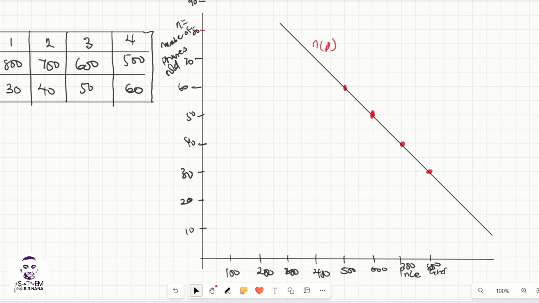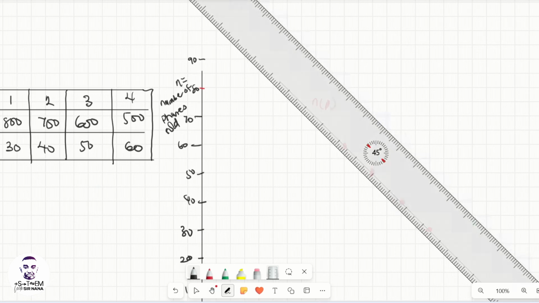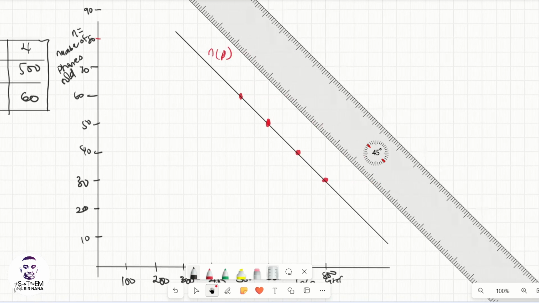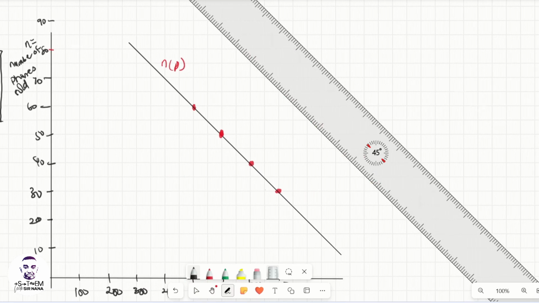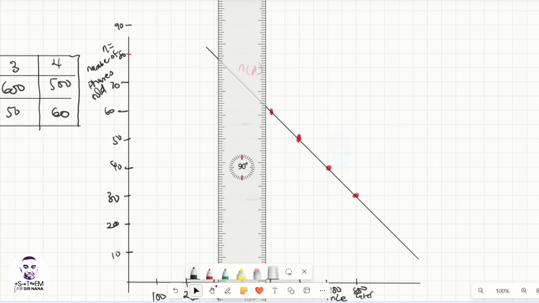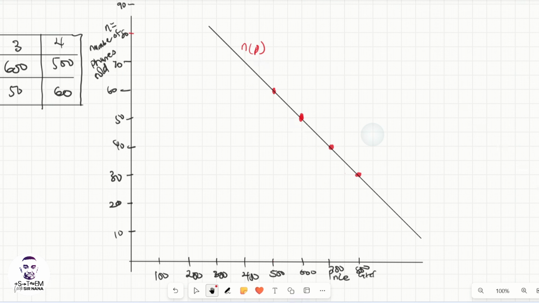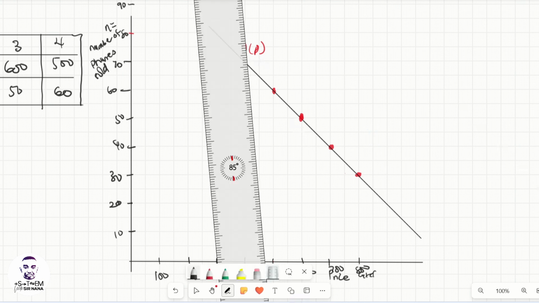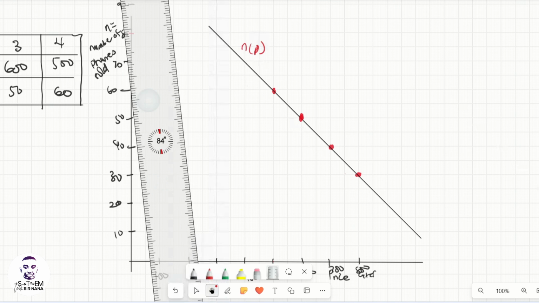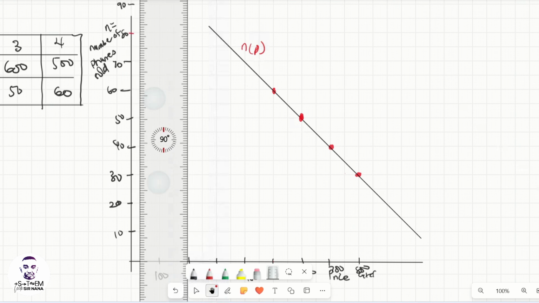You are asked to find the number of goods that will be sold when the price is at 200. So you trace from the 200 here. Let me move this so that I will have the graph alone. We pick our ruler, and 200 is here. We'll put a dashed line through 200.